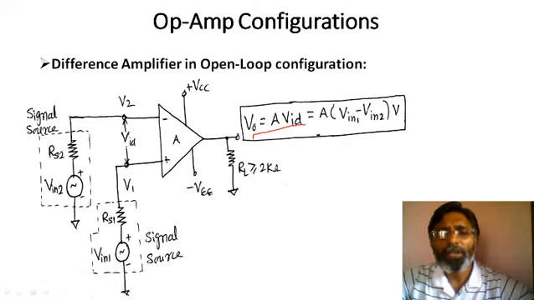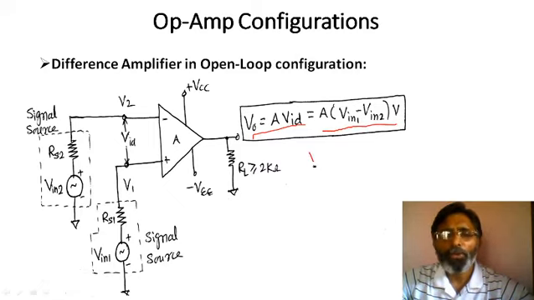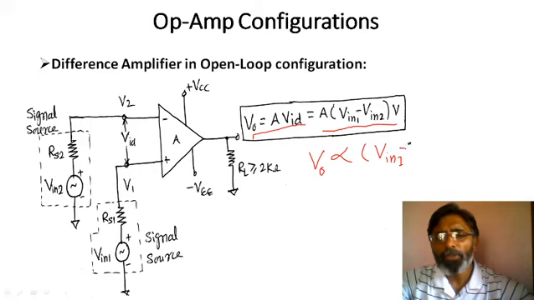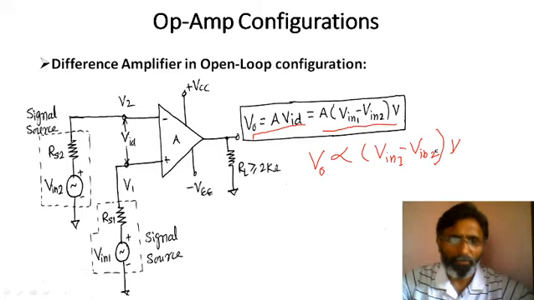Here VID is equal to V1 minus V2, where V1 is equal to V in 1 and V2 is equal to V in 2. So my final formula will be A into (V in 1 minus V in 2). So my VO is directly proportional to the difference between the two inputs, that is V in 1 minus V in 2. Okay, and that's why we call this a difference amplifier.